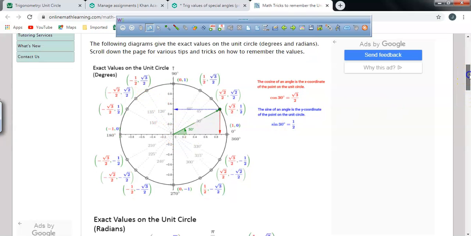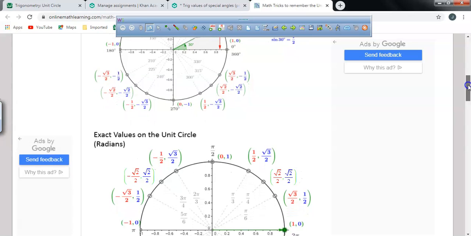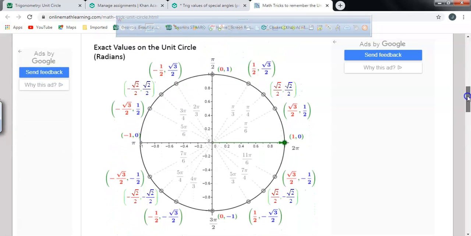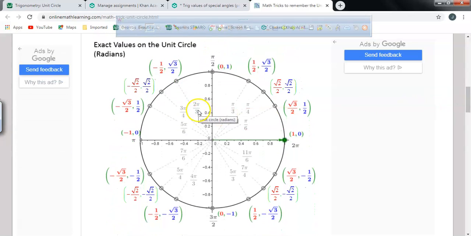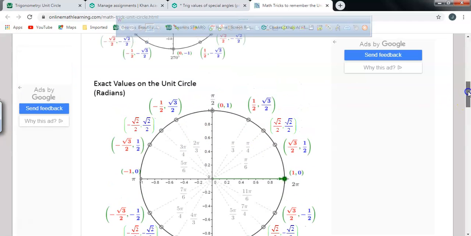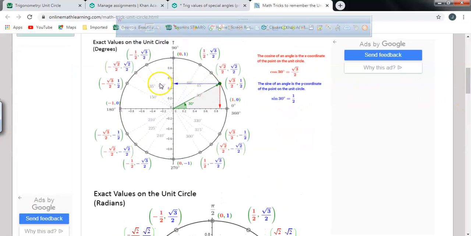Okay, so you could also, if you had your radians, look. See that 2 pi over 3? 2 pi over 3 is the same as 120 degrees. And there's your cosine, there's your sine. So your cosine's negative 1/2, and your sine is radical 3 over 2.